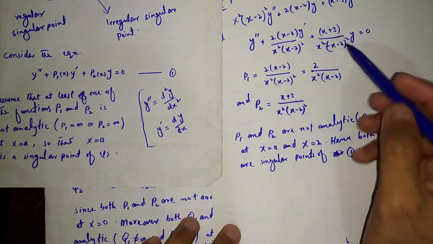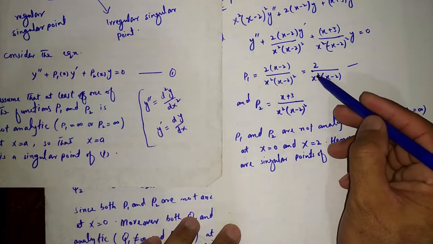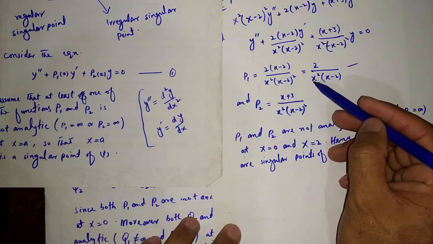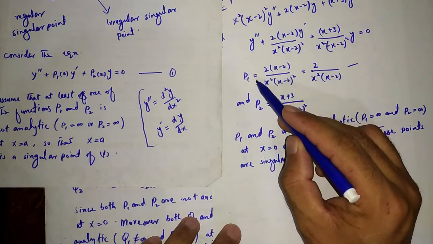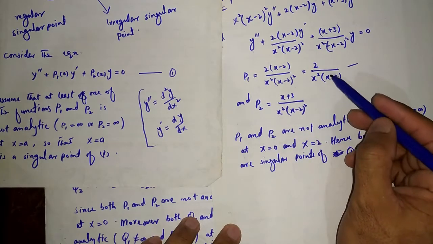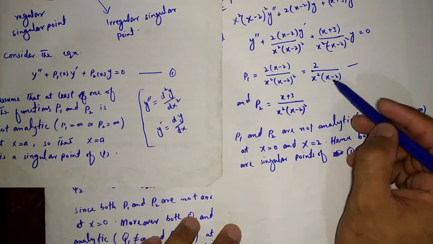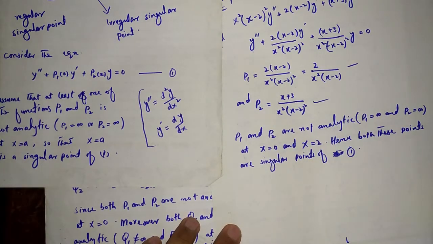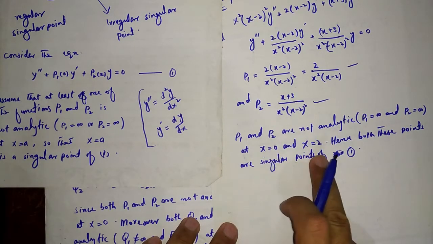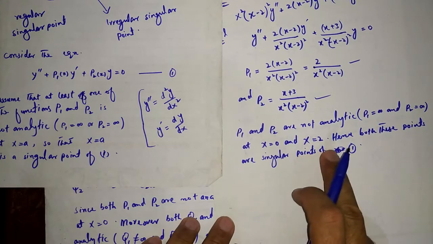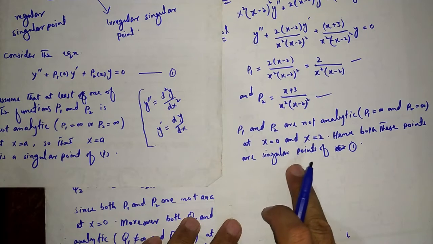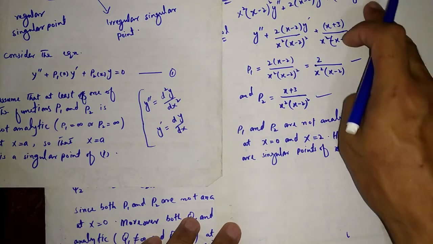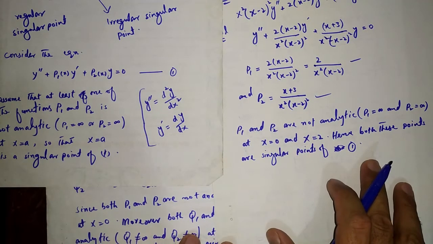Here you can see from these two equations, if you substitute x equals 0, p1 goes to infinity, and similarly if you substitute x equals 2, p1 goes to infinity, and the same is the case for p2. So both x equals 0 and x equals 2 are the singular points of the given differential equation.